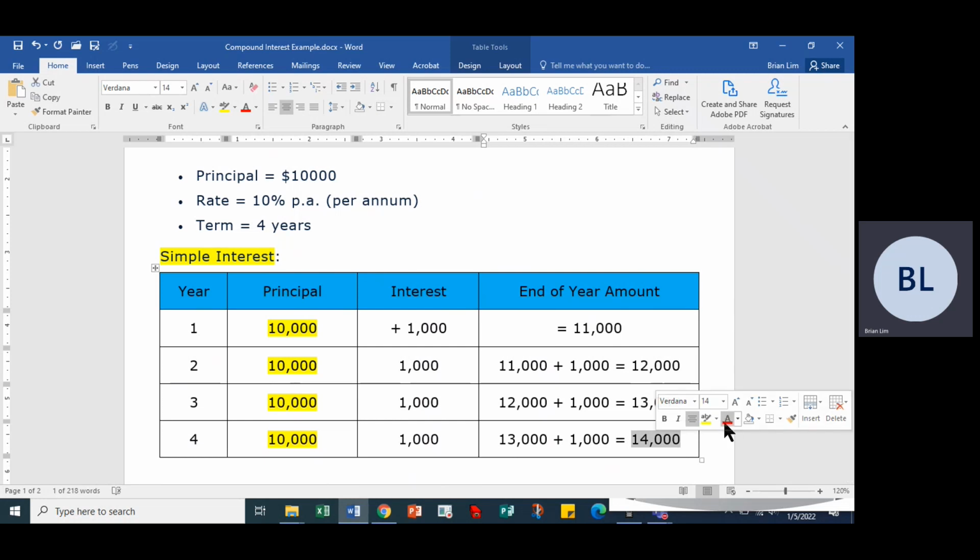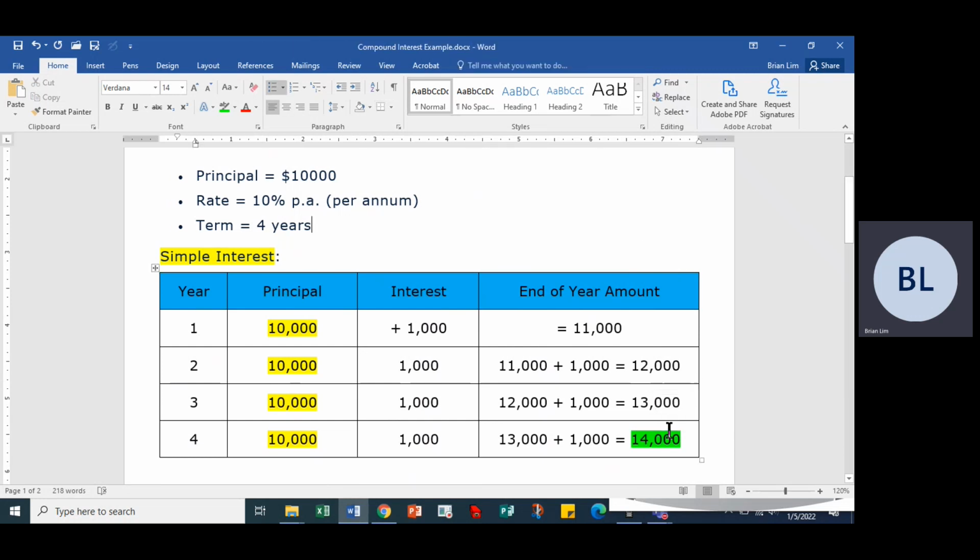So that is what would be the end result. After 4 years, the amount owed would be $14,000 based on 10% interest rate for 4 years of simple interest. All right, that is simple interest.